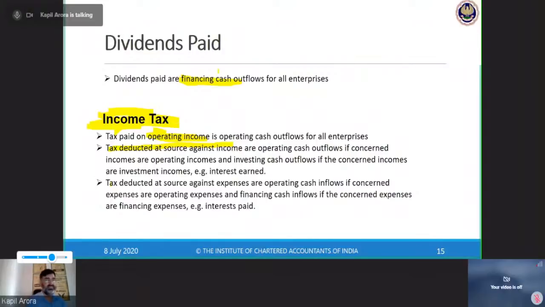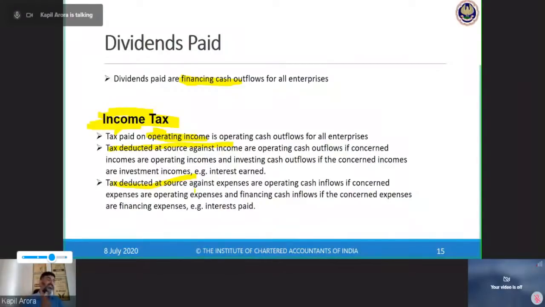On the other side, for expenses, if you are deducting TDS for your vendors, it is cash from operations. If you are deducting TDS for the interest on a loan which you have taken from someone, it will fall under the financing activities.